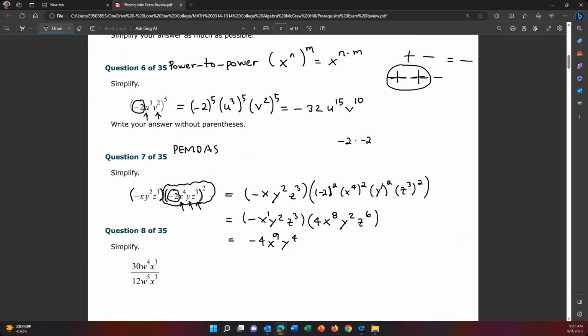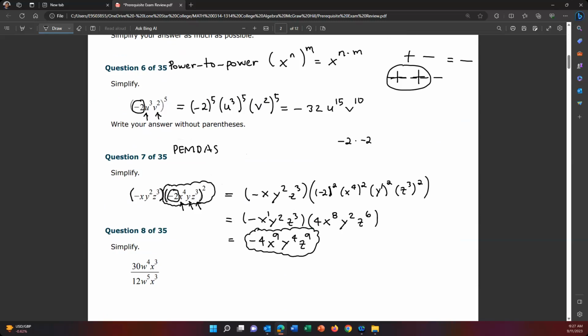Because we are multiplying. How come we're not multiplying the exponents? Because we are not raising a power to a power. Okay, hopefully you understand that. z cubed times z raised to the 6th power, that is z raised to the 9th power. And this is our final answer.